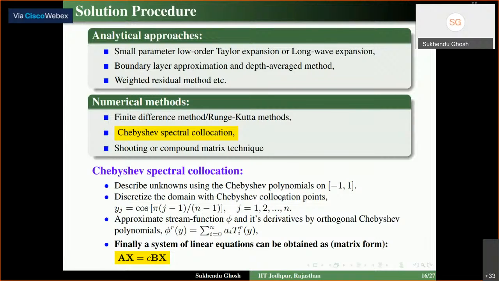Analytically, you can apply some other methods also, like Taylor expansion or the weighted residual method.